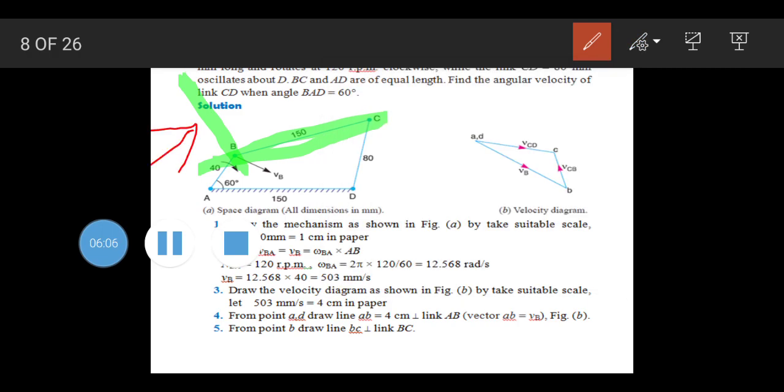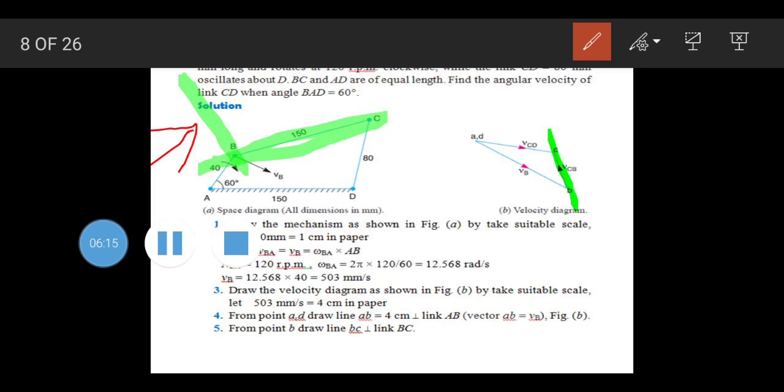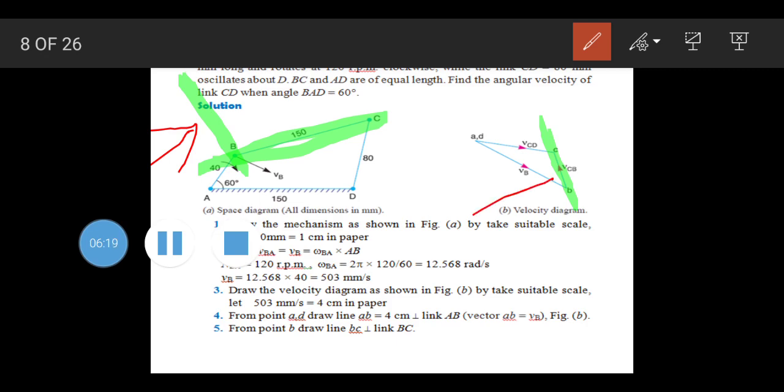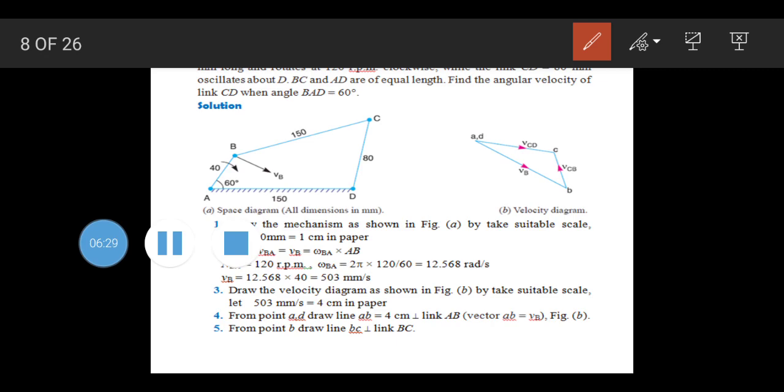So this is the perpendicular line, and this way we have to draw the line parallel. This is the line we have drawn from point B, and these two lines, this first and this second line, are parallel to each other. So we have drawn it from point B.